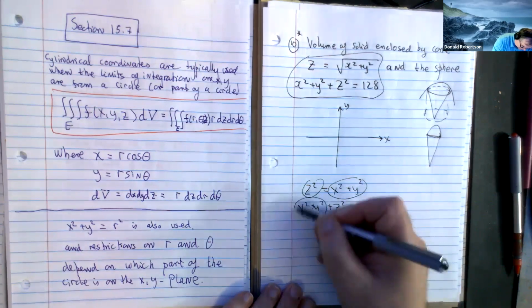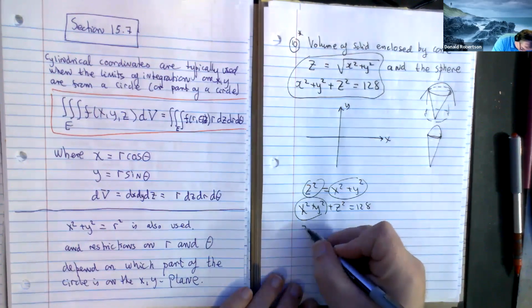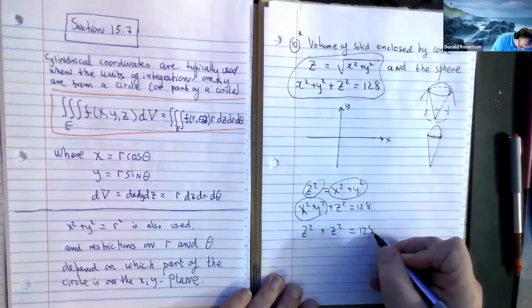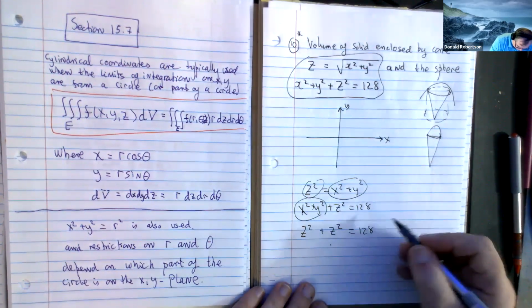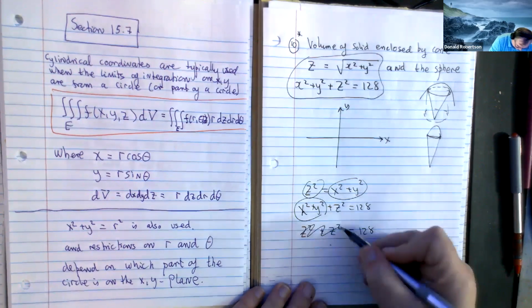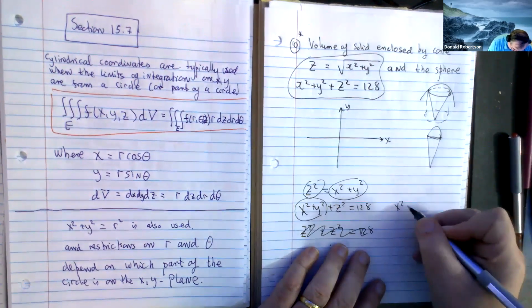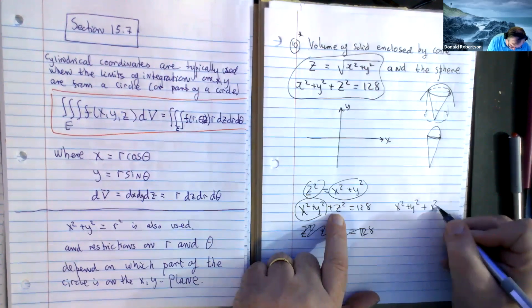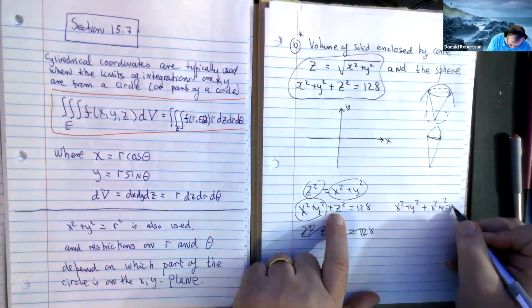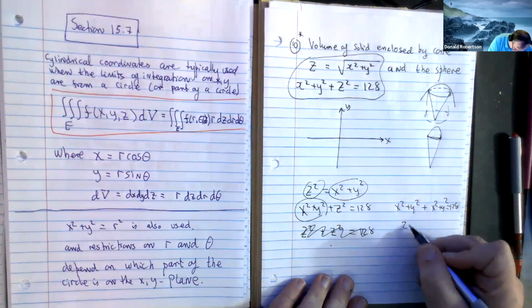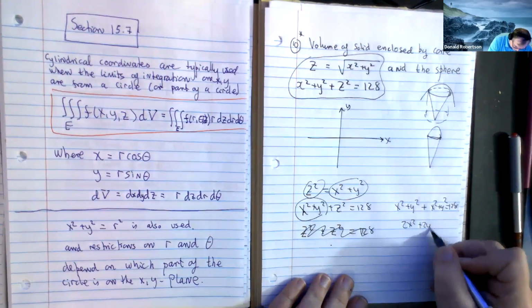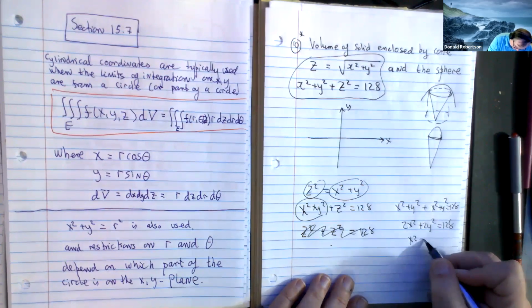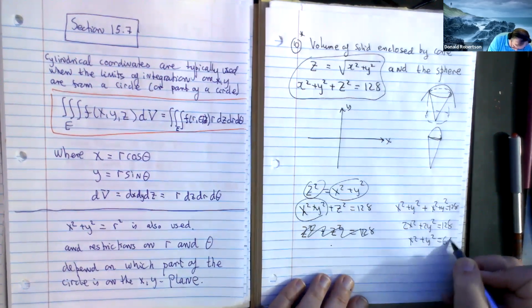So z squared plus z squared is 128. Oh, wrong way around. X squared plus y squared: z squared can be replaced by x squared plus y squared equals 128. That gets me 2x squared plus 2y squared is 128. That gets me x squared plus y squared equals 64.